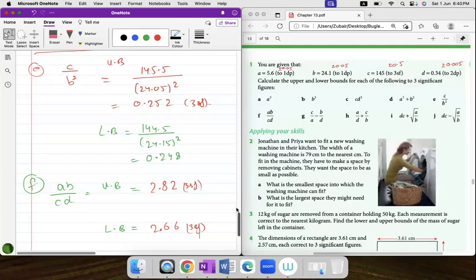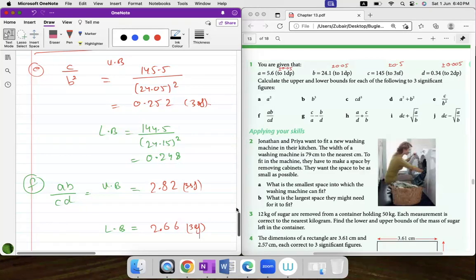So for the upper boundary, I got 2.7, 2.82.